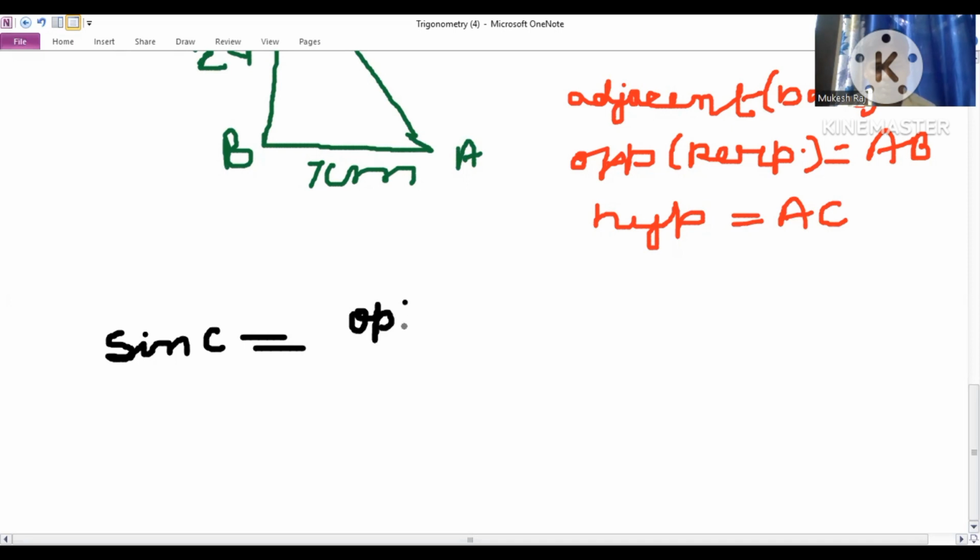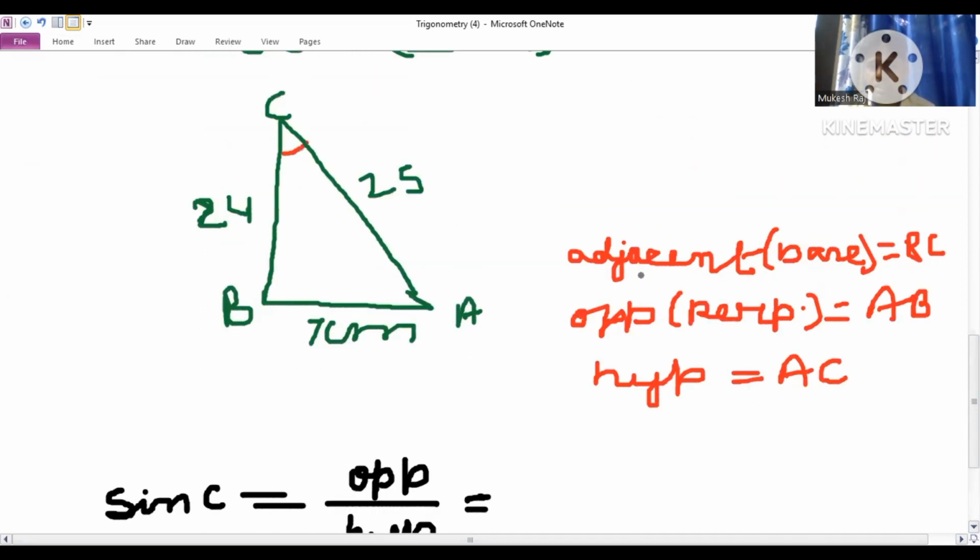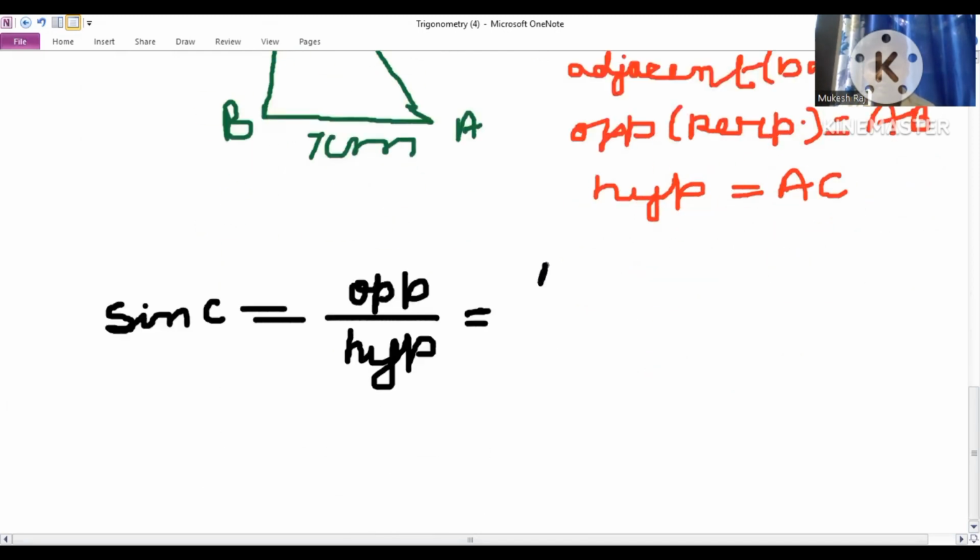Now from the diagram we have already seen, opposite is equal to AB, and hypotenuse is AC.